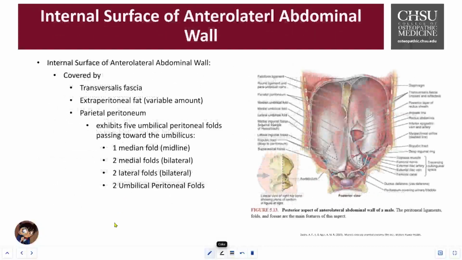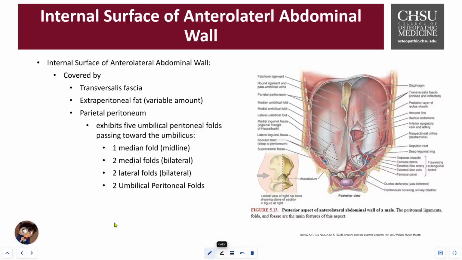Let's take a look at the internal surface of the anterolateral abdominal wall. It's covered by three key layers: the transversalis fascia, extraperitoneal fat, and parietal peritoneum. These layers provide structural support and house important anatomical features. One of the defining characteristics of the internal surface is the presence of the 5 umbilical peritoneal folds that converge towards the umbilicus. The first one is the 1 median fold.